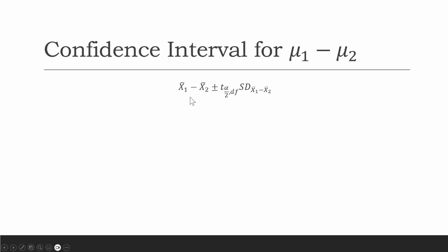Our point estimate, when we're looking at the difference in our population means, is the difference in our sample means. So this is our point estimate here. Our critical value is coming from a t distribution. Notice I put this alpha over 2 because it's looking at the two tails of this distribution.